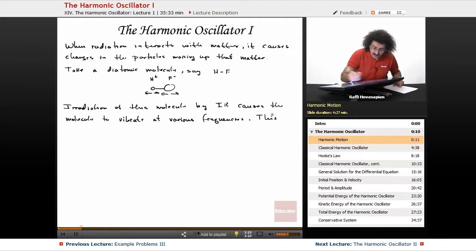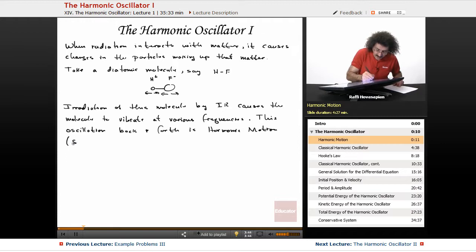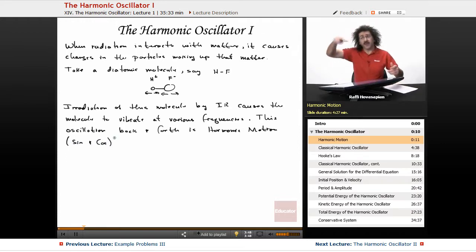This oscillation back and forth is harmonic motion. Harmonic motion just refers basically to sines and cosines, because you remember sine and cosine curves repeat themselves.